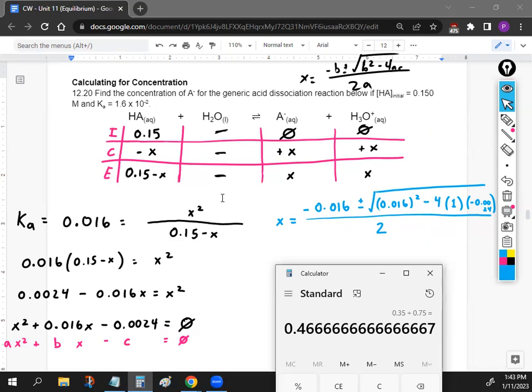Let's start with our 0.016. 0.016 squared is going to give you about 0.0002, and I'm going to round that up to 6. So far, so good.